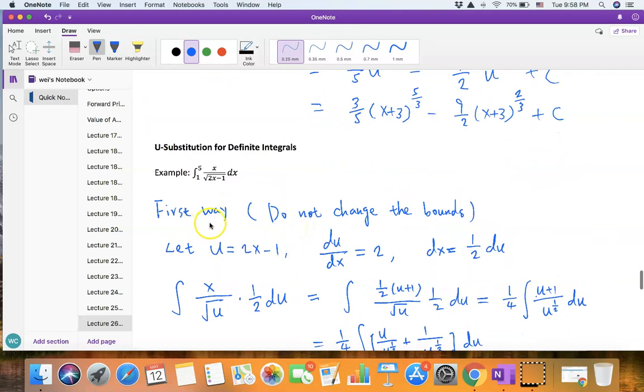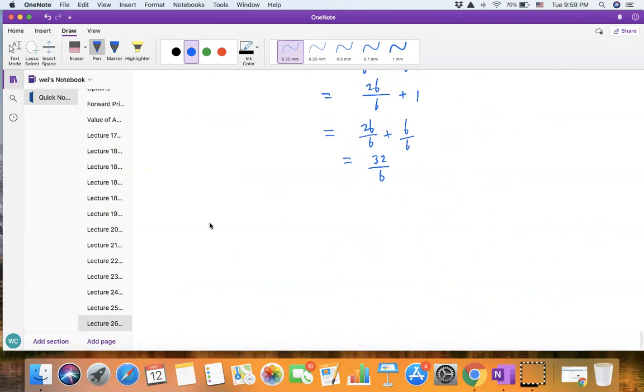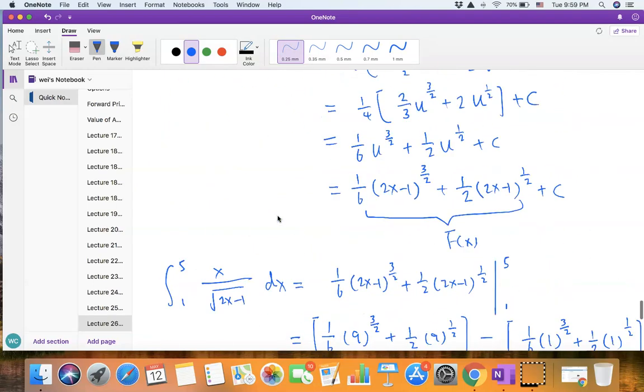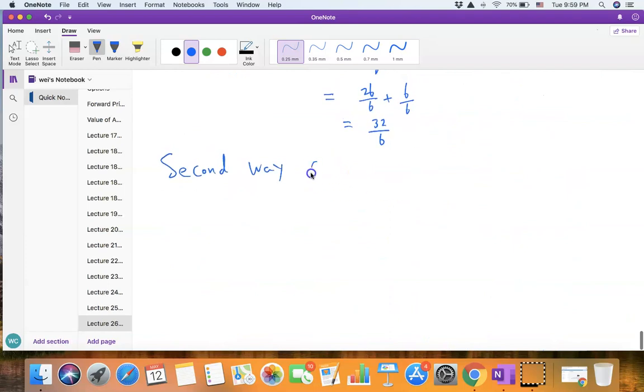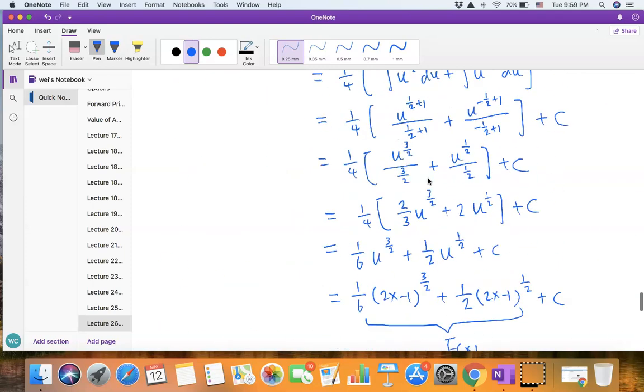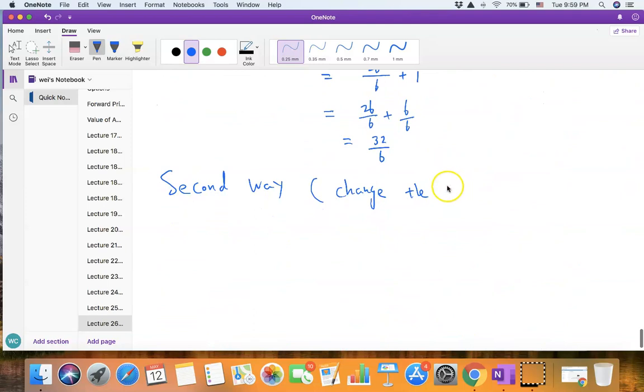So this is the first way we can use substitution to solve for this definite integral. Now the second way, I'm still using the same example. The second way is we change the lower bound and the upper bound. We change the bounds.